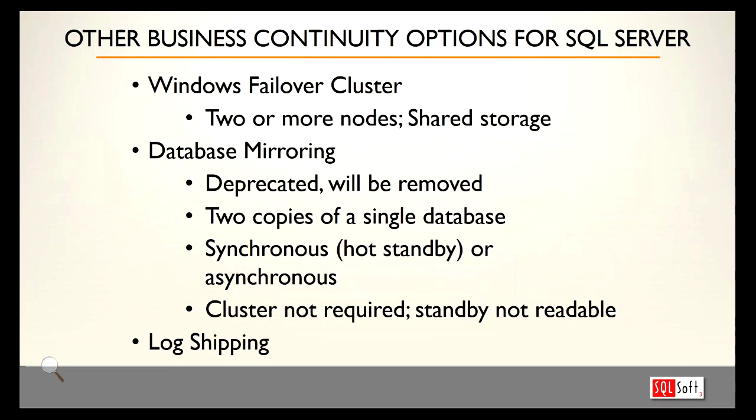So availability groups are just one of the business continuity options that we have with SQL Server, and I mentioned these are nodes in a cluster, but the cluster is a little bit different from the traditional SQL Server cluster that we're used to. In a traditional Windows failover cluster, we have two or more nodes, two or more computers connected to shared storage. It used to be you could only connect directly to the shared storage.